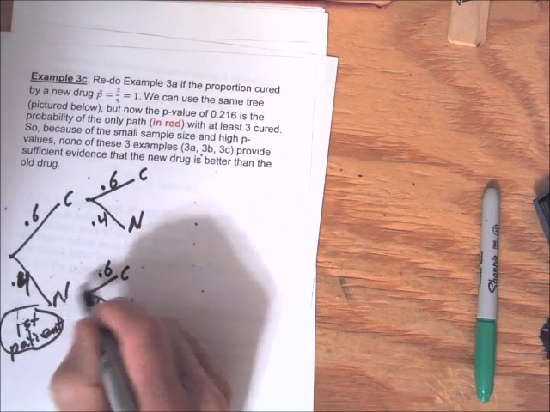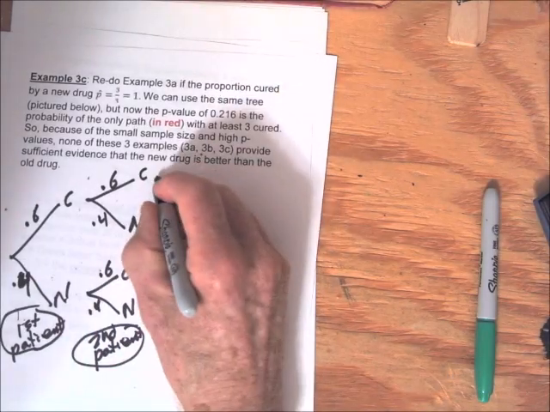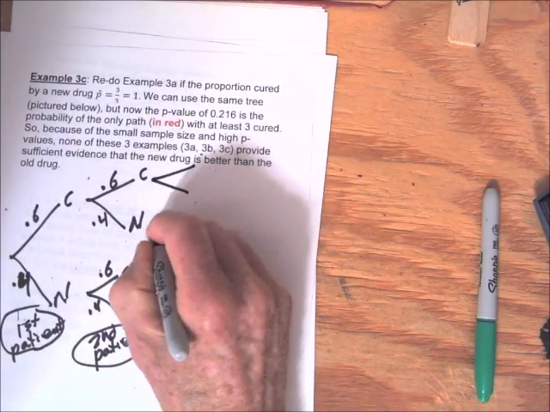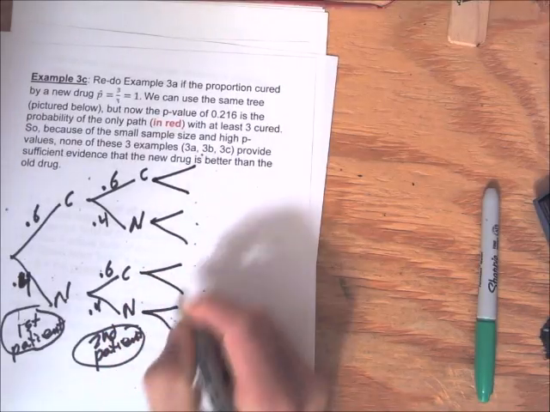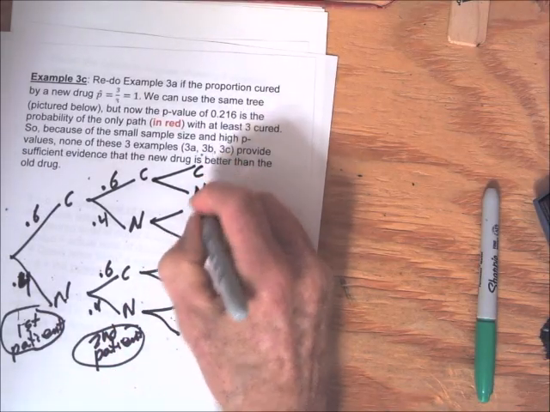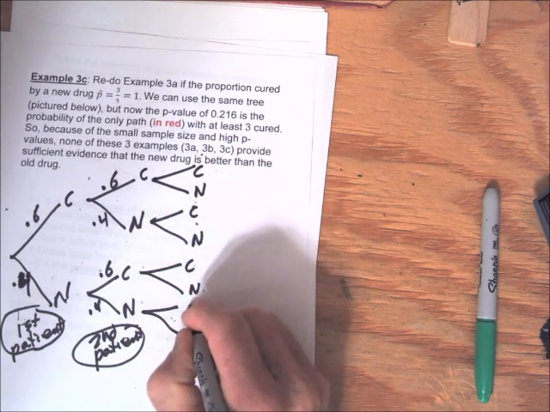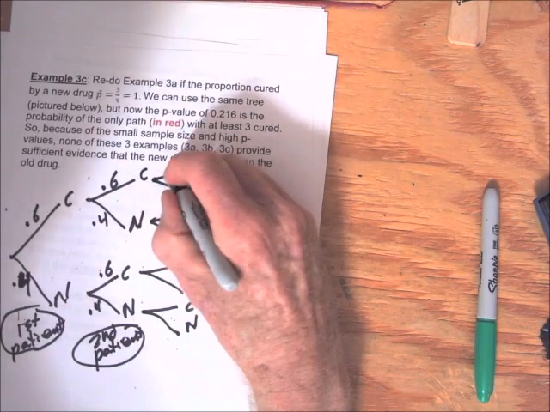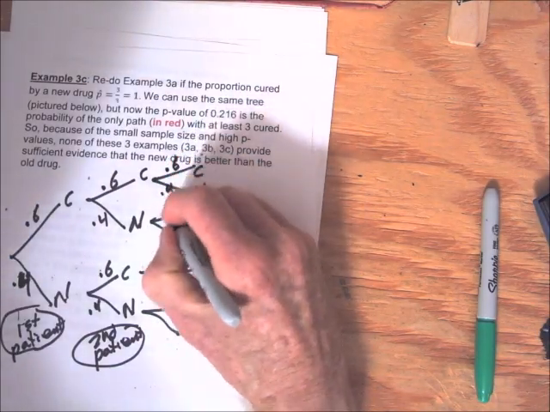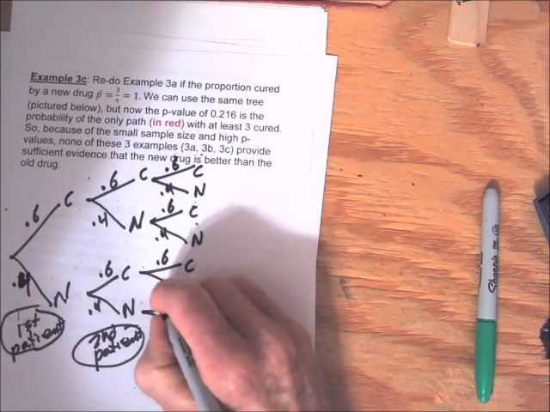First is not cured, second is cured, or neither one is cured. Each time we add a person, the number of paths doubles. So now we'll have 8 possible outcomes. And they're either cured or not. And the probability is 0.6, 0.4, 0.6, 0.4.